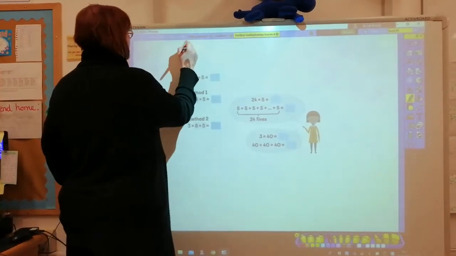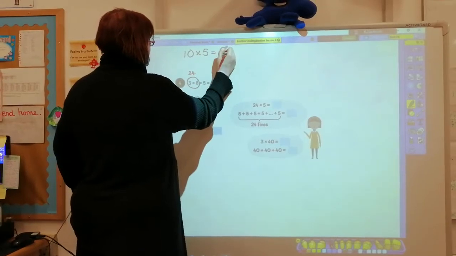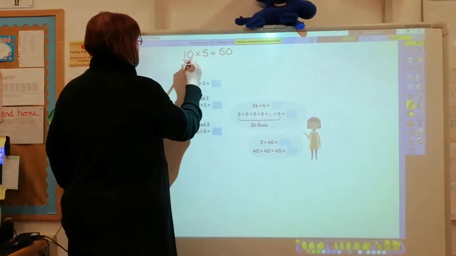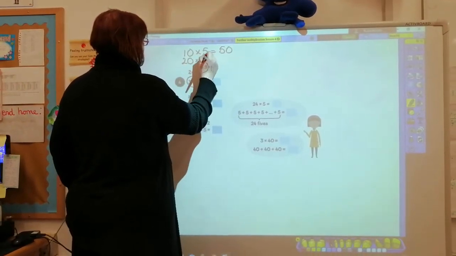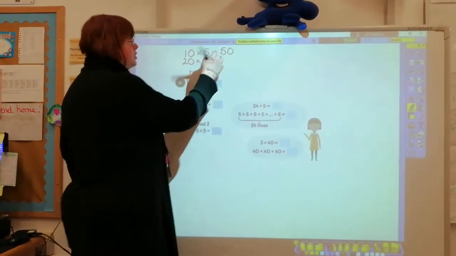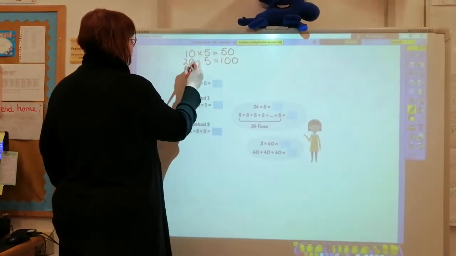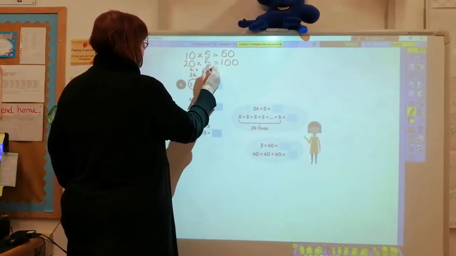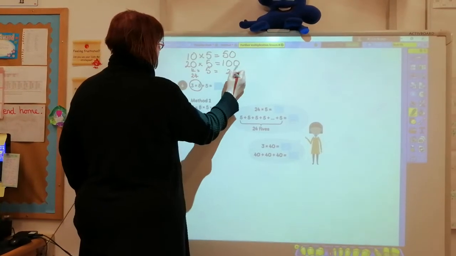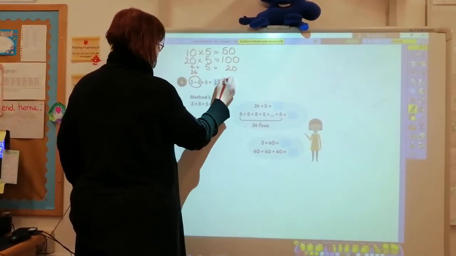I know that 10 times 5, which would help us massively, is 50. So 20 times 5, and we know this from doing our coin cards, 20 times 5 will be 100, and then 4 times 5 is 20, so our answer will be 120.